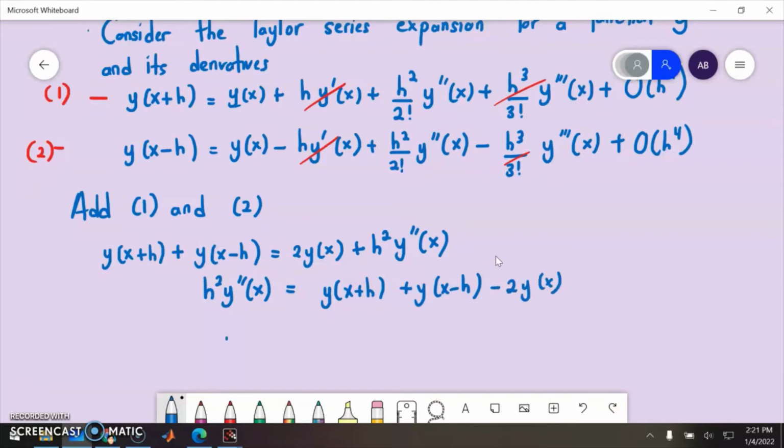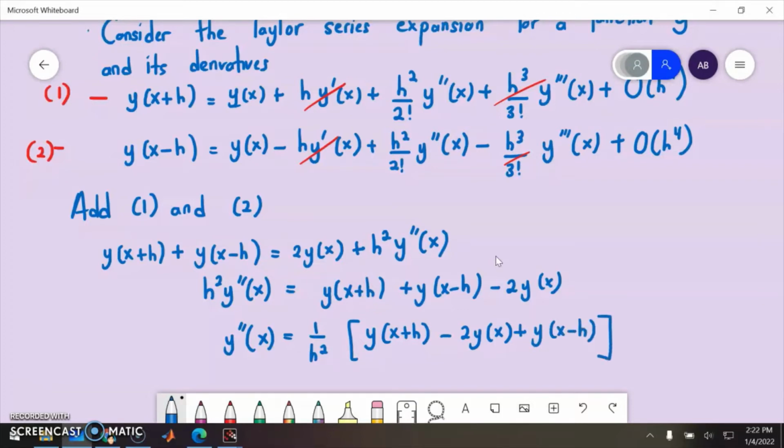So what is y double prime? Divide by h squared: 1 over h squared [y(x + h) - 2y(x) + y(x - h)]. I'm just rearranging the equation.